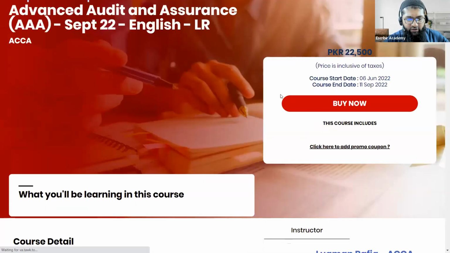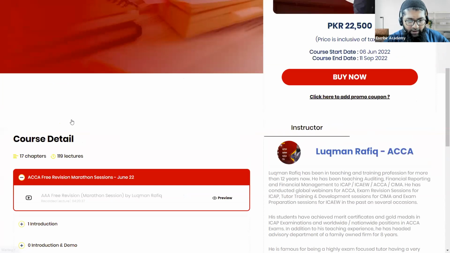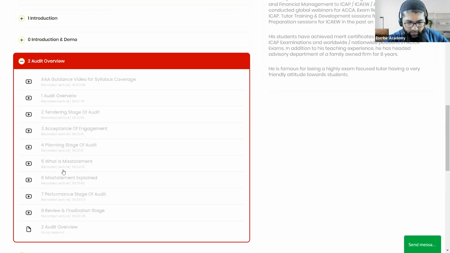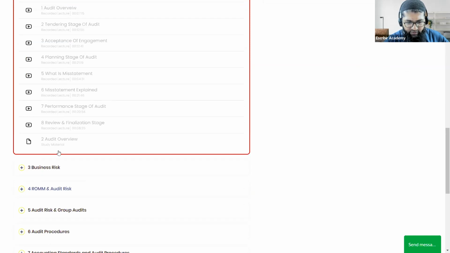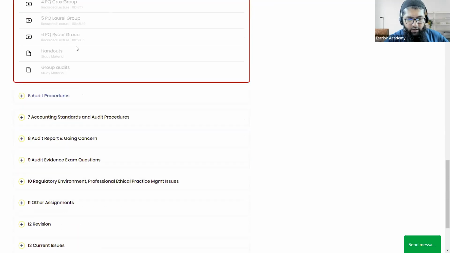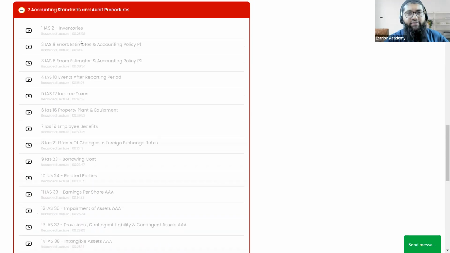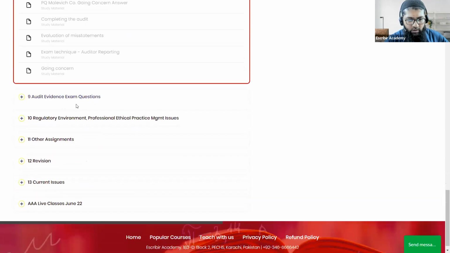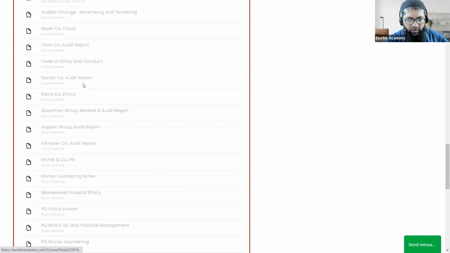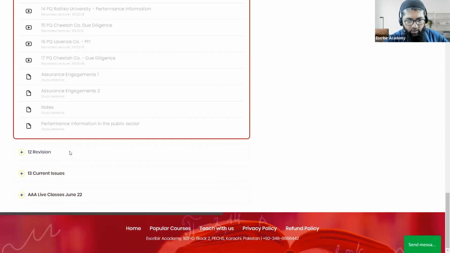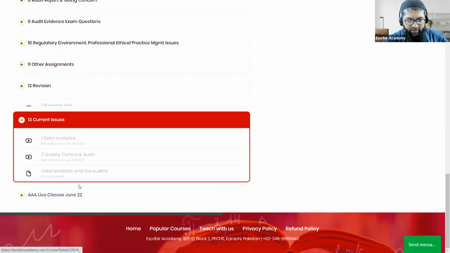When you look at this, you will see there's an introduction chapter and the demo, the audit overview, every single topic, the business tricks, the questions, the ROMM and the audit risk, the group audits, the audit procedures, the accounting standards, the audit report and the going concern, the audit evidence, exam questions, regulatory environment, other assignments, and then revisions and current issues and so on.